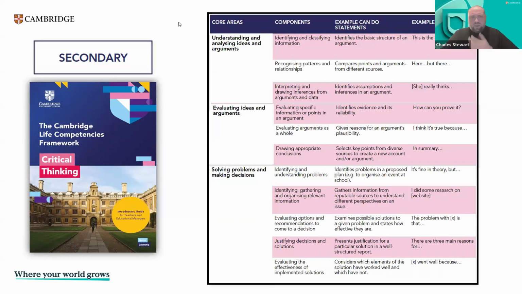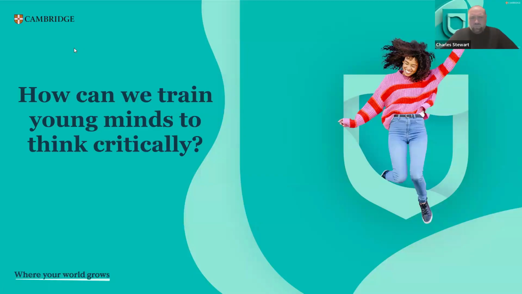Okay, so now that we have briefly spoken about what critical thinking is, let's look at your space. Let's look at some examples from the various levels of the course book and to think about using the course book materials, how we can also encourage both lower order and higher order critical thinking skills in the classroom.